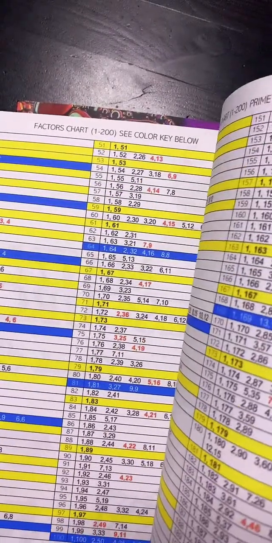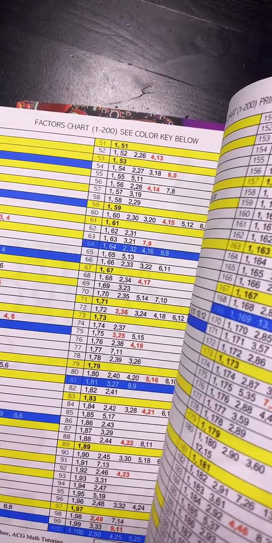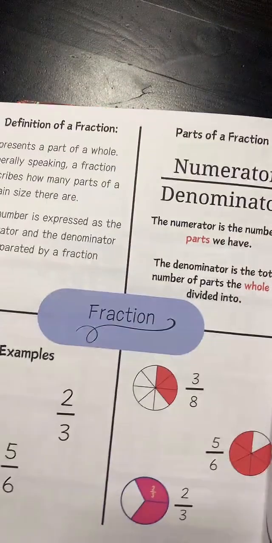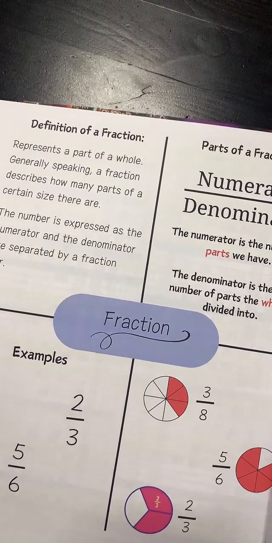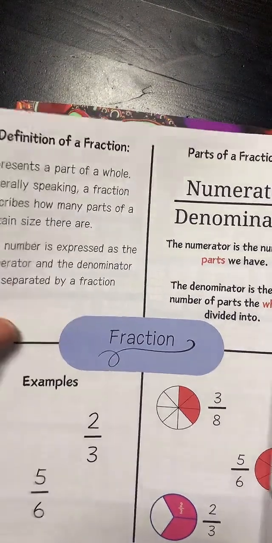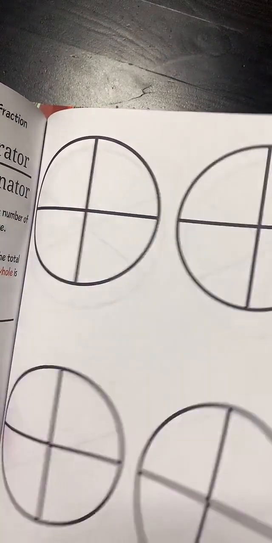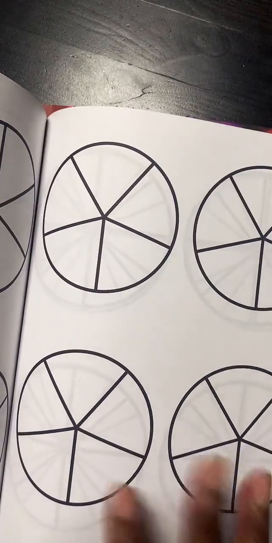They also have their factor sheet, because kids nowadays don't know how to read a multiplication table. Trust me, the struggle is real. Then there's the breakdown of fractions: the definition, the parts, examples, both visually and mathematically. A couple of these are for you to do activities with them, and those would be great for during the summer.